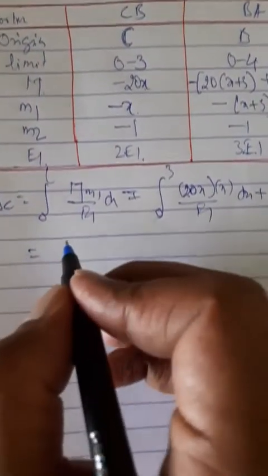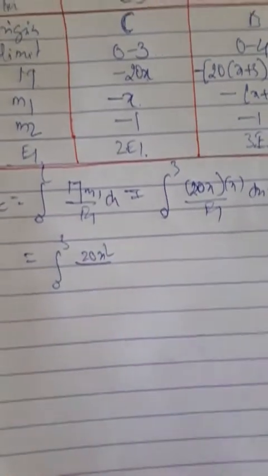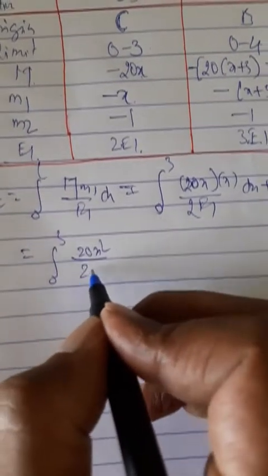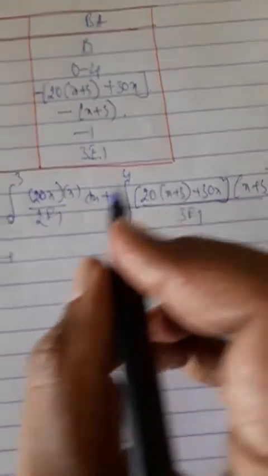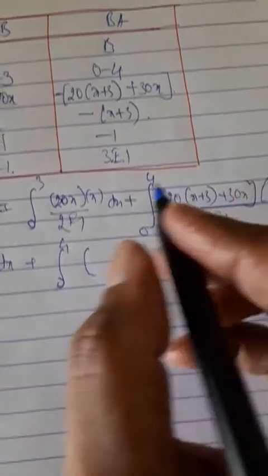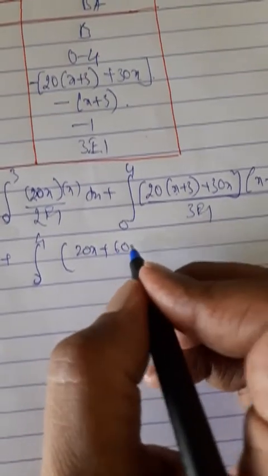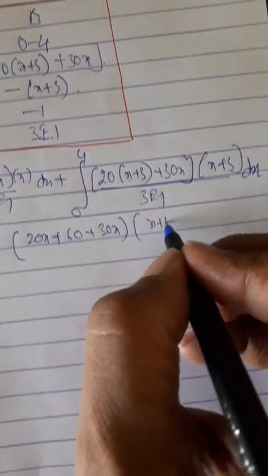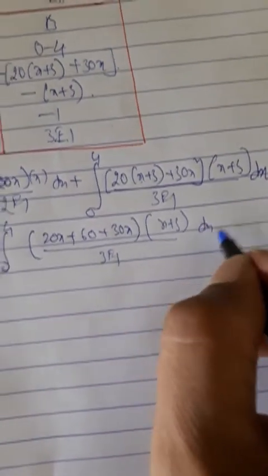Now go on simplifying the terms. 0 to 3, actually this is 2EI, 20x square by 2EI dx, plus simplify this term, 0 to 4, 20x plus 60 plus 30x into x plus 3 divided by 3EI dx.